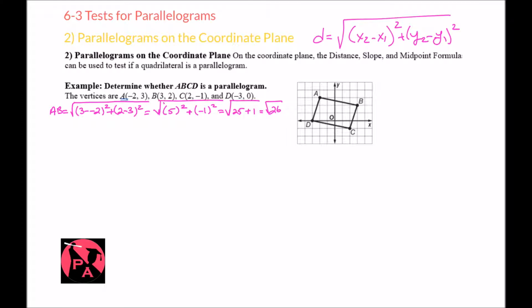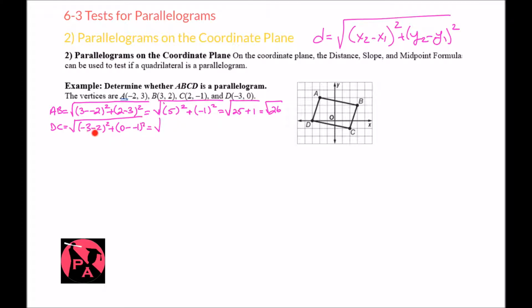Now, we need to prove that the length of DC is the same as the length of AB. So let's find its distance by using these 2 points. x1, y1, x2, y2. So subtract the x values: (negative 3 minus 2) squared plus (0 minus negative 1) squared.